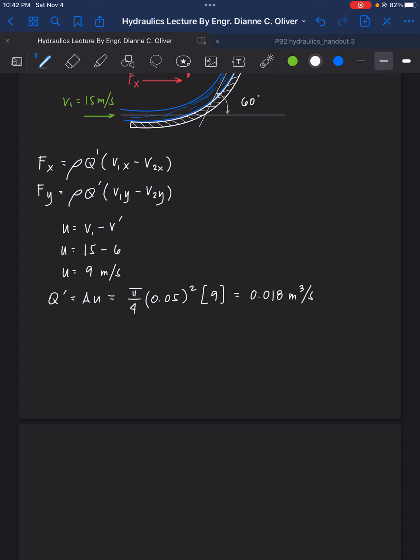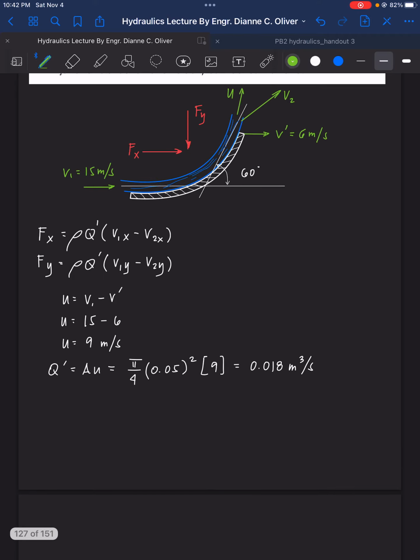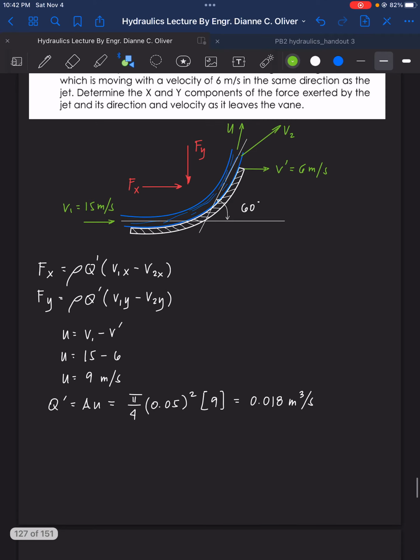Let's find now the values for V1x, V2x, V1y, and V2y. And it's from the parallelogram that we had. So this is our U, the U here with the 60 degrees. This is the V2, and this is the V1, the V prime. So it's based on these three velocities here.